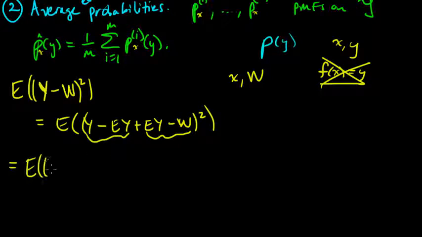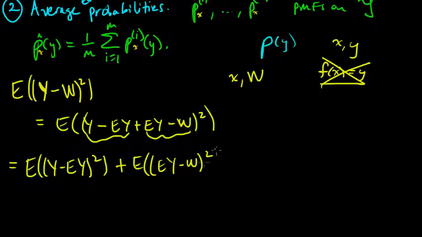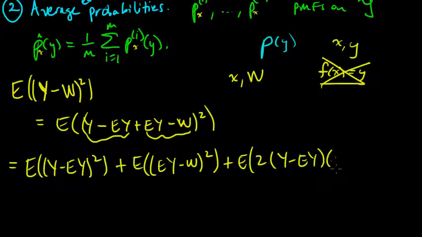We get the expected value of y minus its expected value squared, we get the square of this part, and then we get the expected value of 2 times their product. Oh, not a square there.